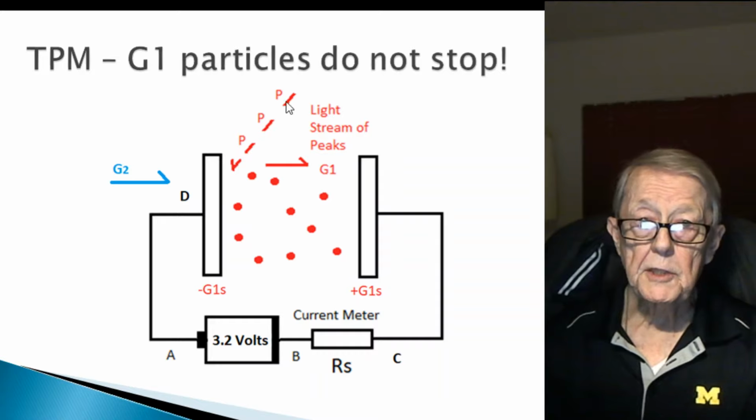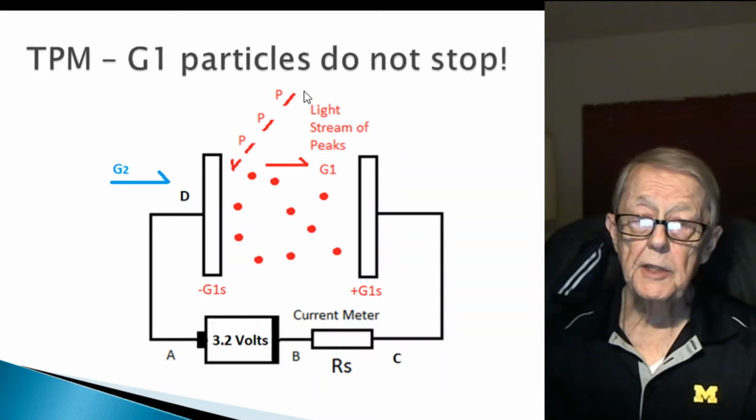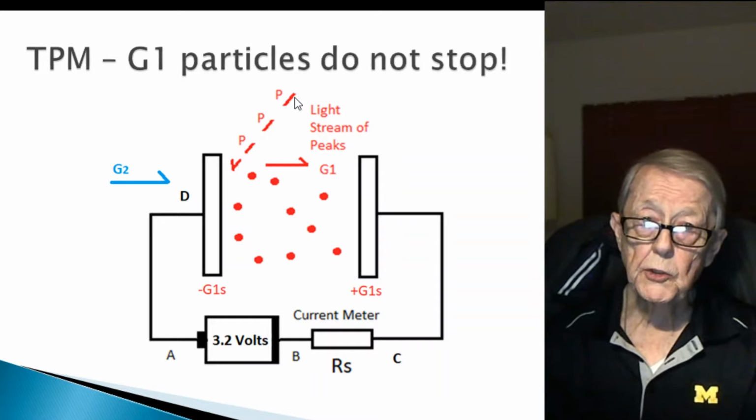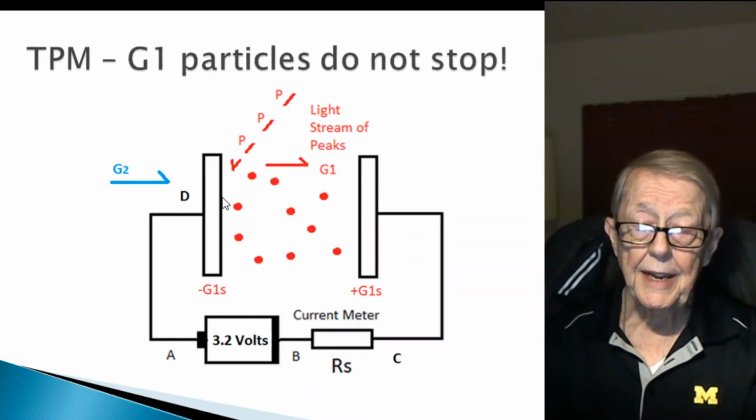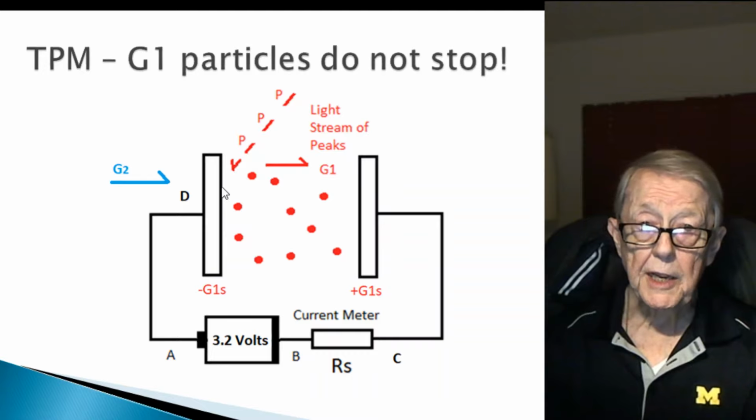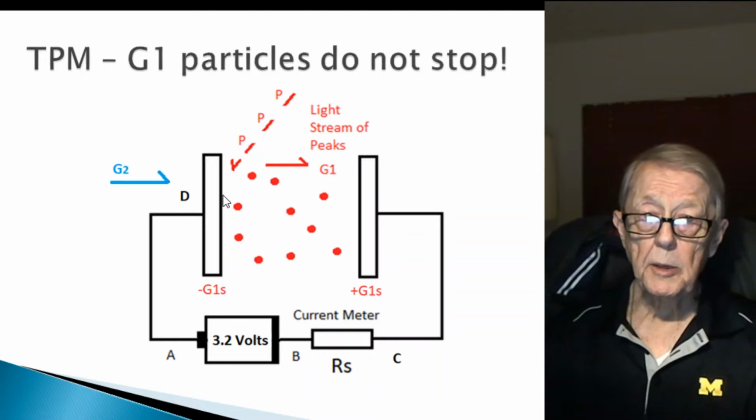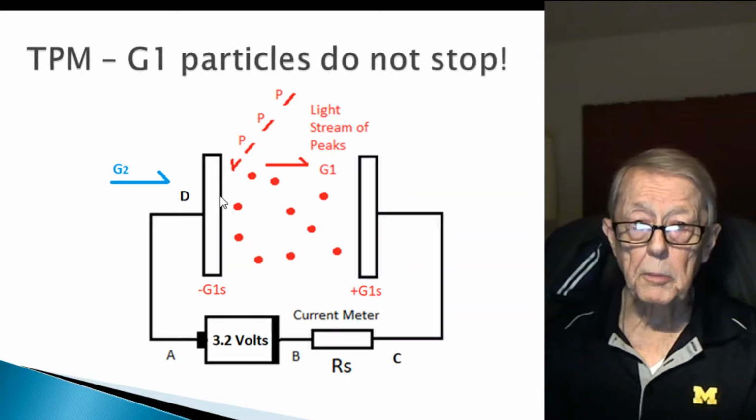What happens is this represents the particle stream of light, a peak, a valley, and so on, with these peaks hitting the atoms, the G1 orbitals hard enough that they get released as G1 and they flow this way.